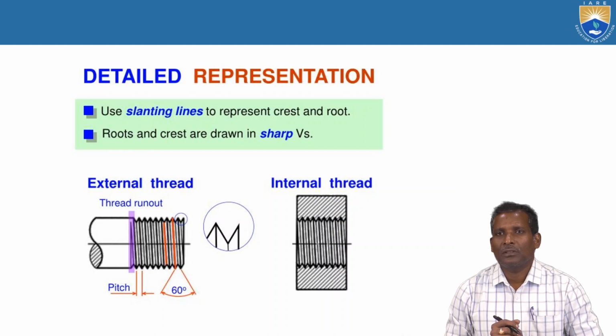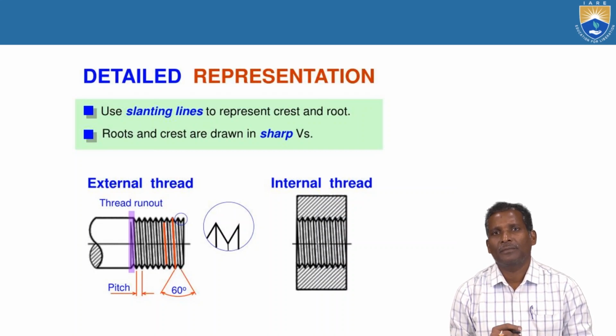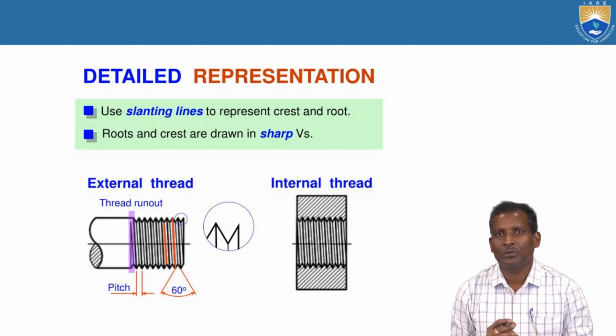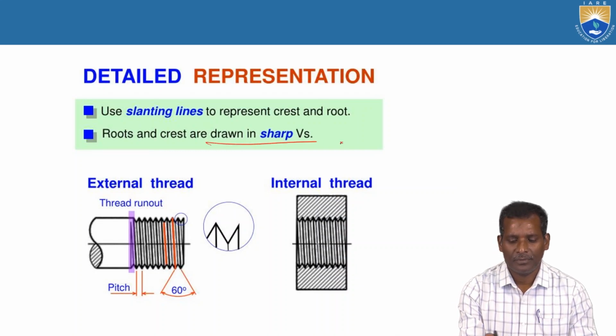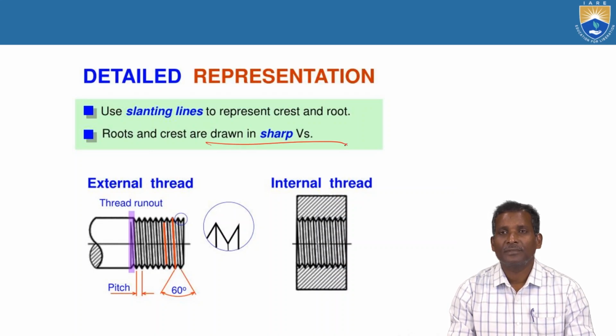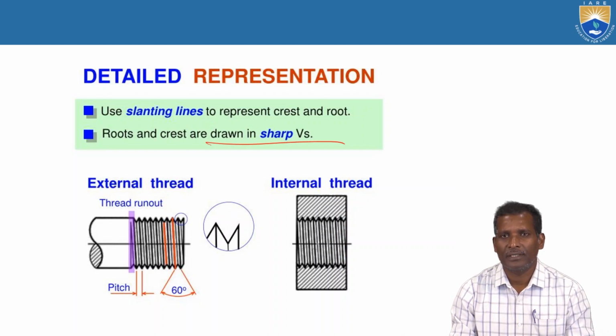So how to represent on a drawing, the detailed representation is shown. A thread angle, external thread, and internal thread. So always use slanting lines to represent crest and root. So roots and crests are drawn sharp, sharp type of edges, nothing but V type of edge.